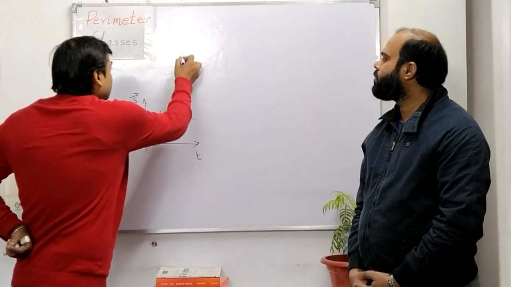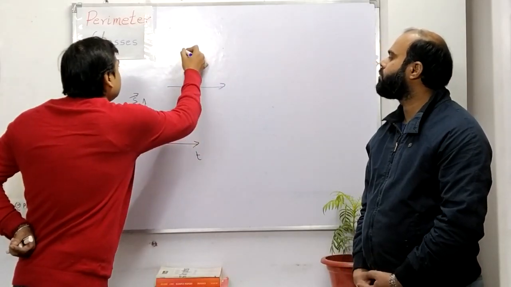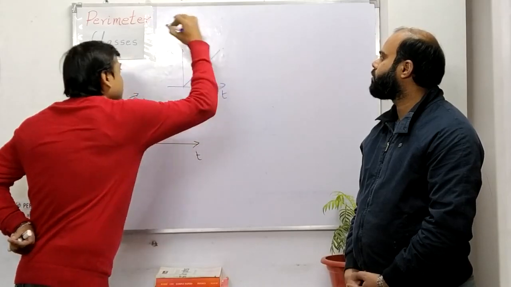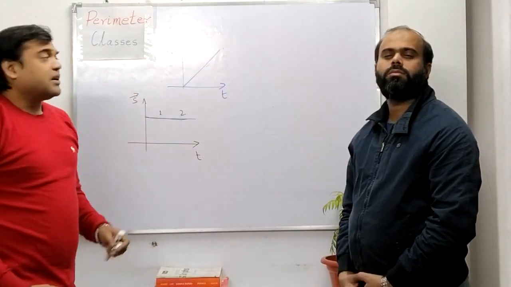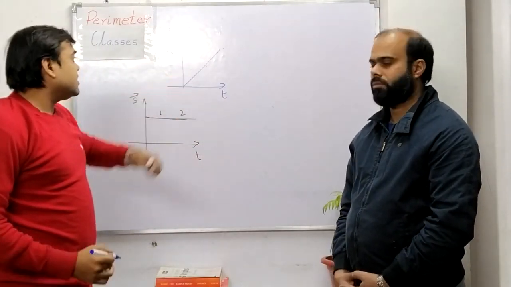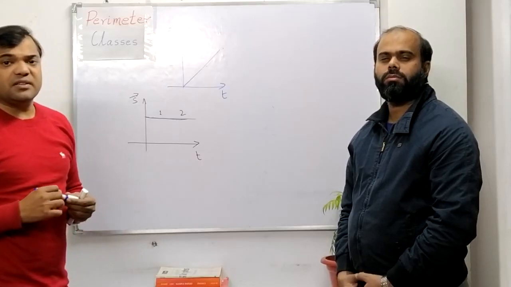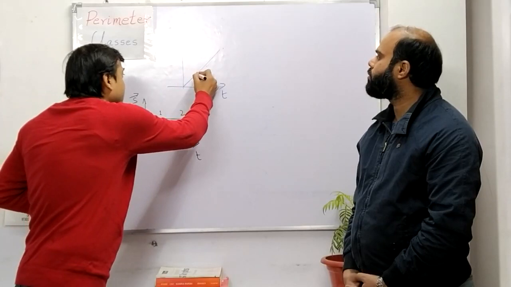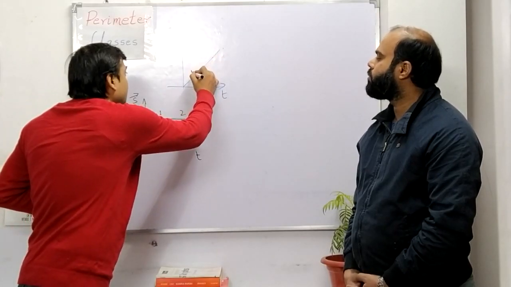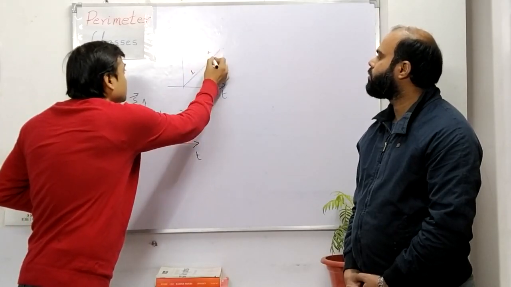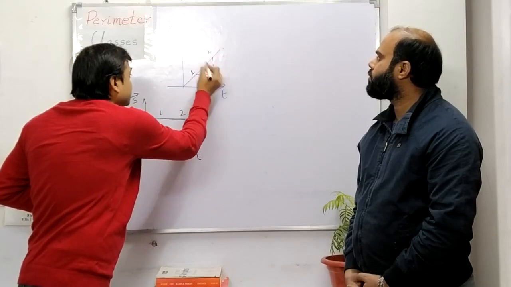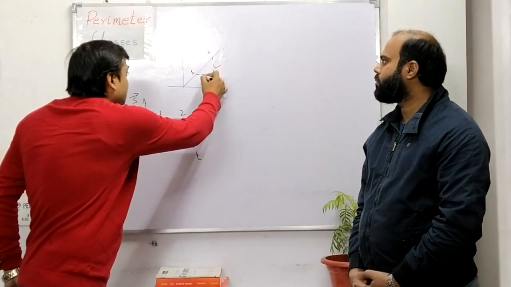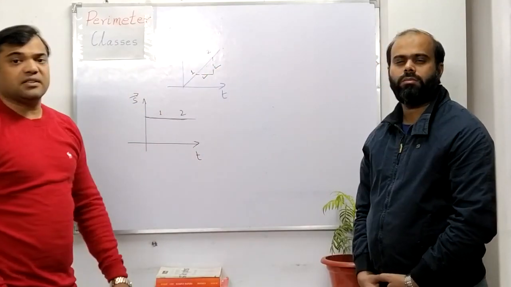Now what about velocity if the displacement as a function of time is given by, let us say, this line? Can you give some information about the value of velocity here? Again, if we want to calculate average velocity between point 1 and 2, how will you calculate? This is the ratio of displacement, that is this length, upon time, that is this length.